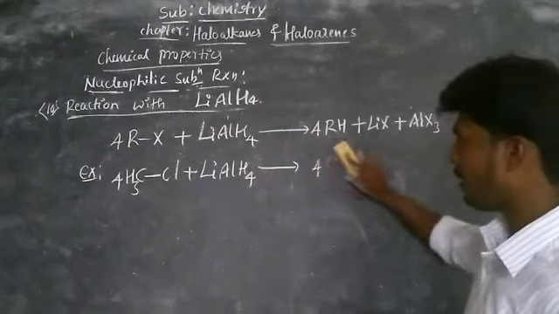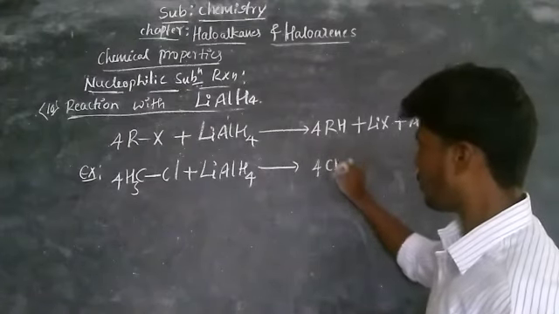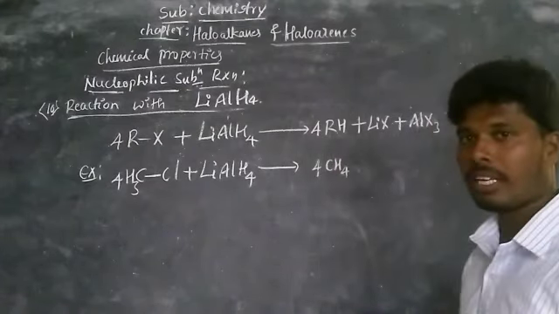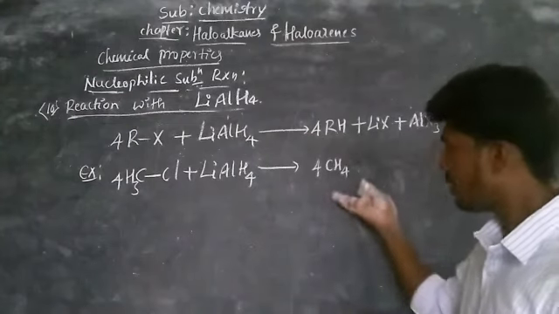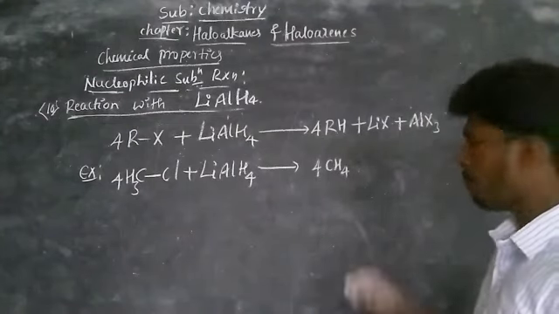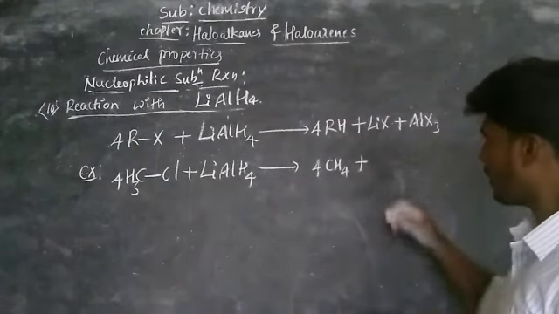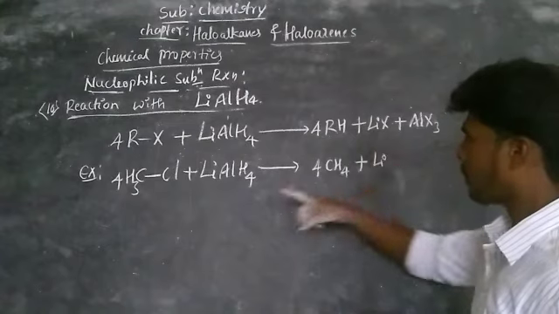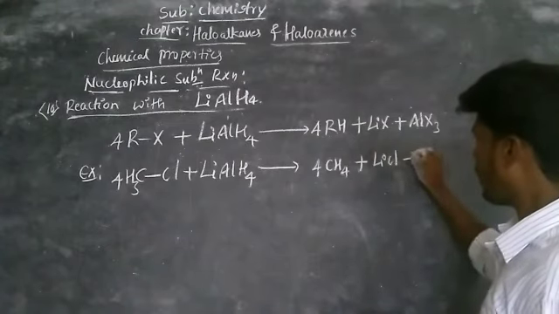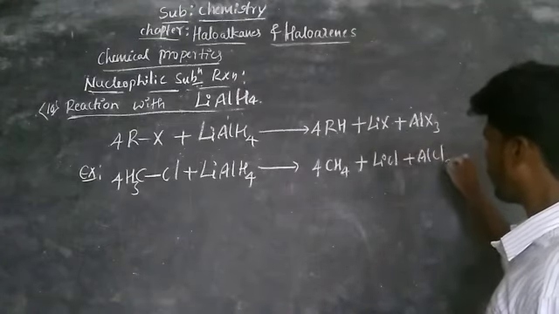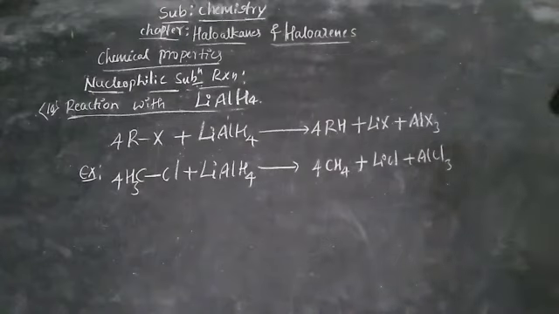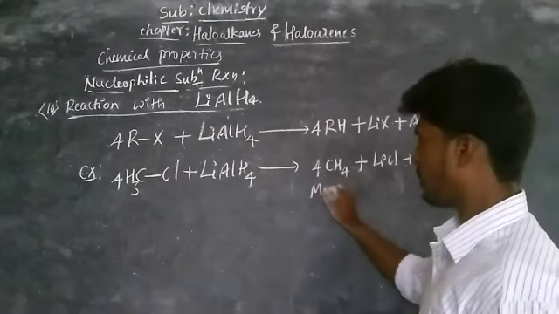The name is methane, that is the lower hydrocarbon, the first hydrocarbon of the alkane series. The byproducts are lithium chloride and aluminium chloride, AlCl3. Methane is the main product.